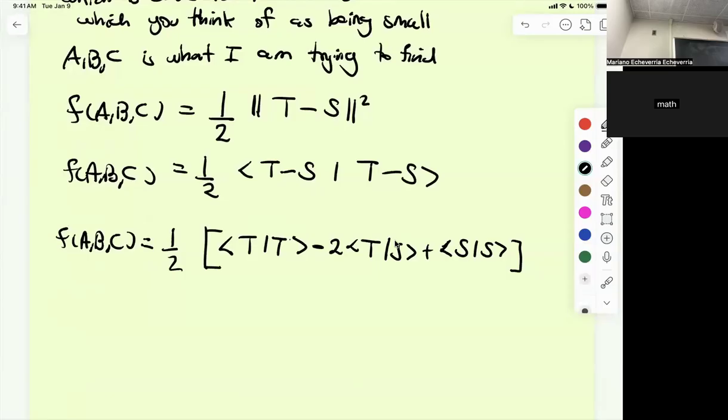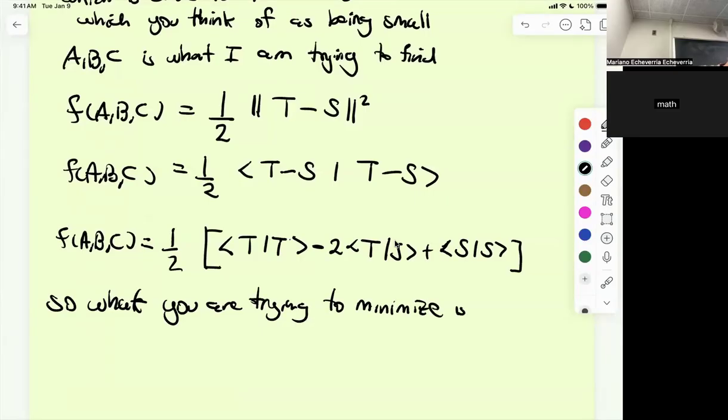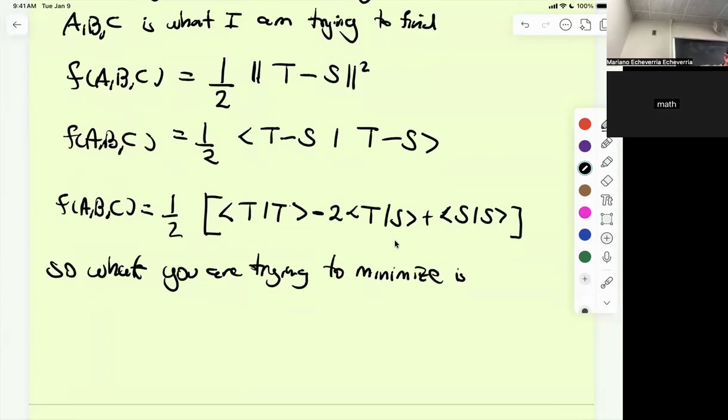What you're trying to minimize is this thing, and that's why the 1/2 is useful, because it cancels that 2. So after I use this 1/2 to kill this 2, this is what you're trying to make small.